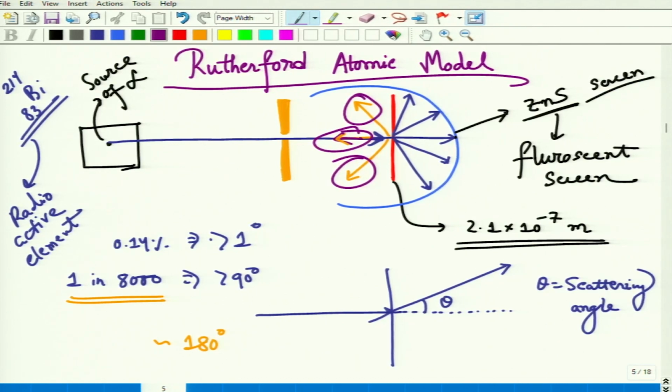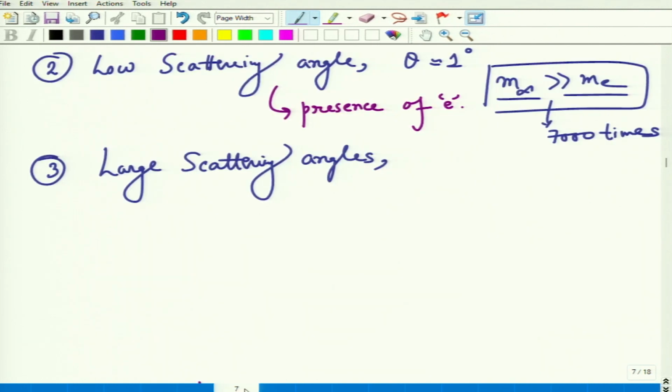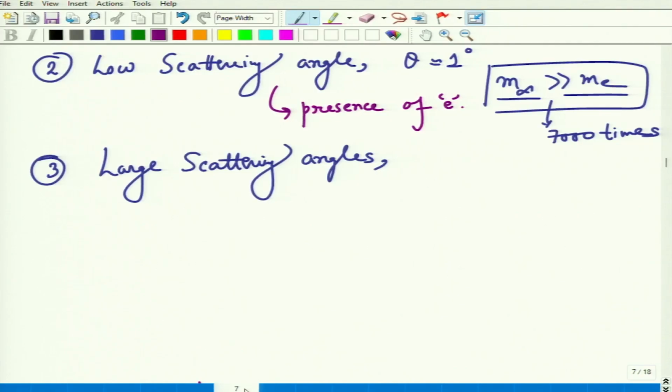It's maybe 1 in 8,000, and 180 degrees is an even rarer event, but though it's happening, for that scattering around 180 degrees, Rutherford said that the alpha particle must experience a large repulsive force, otherwise the alpha particle, being a much heavier particle, will not be scattered at 180 degrees.